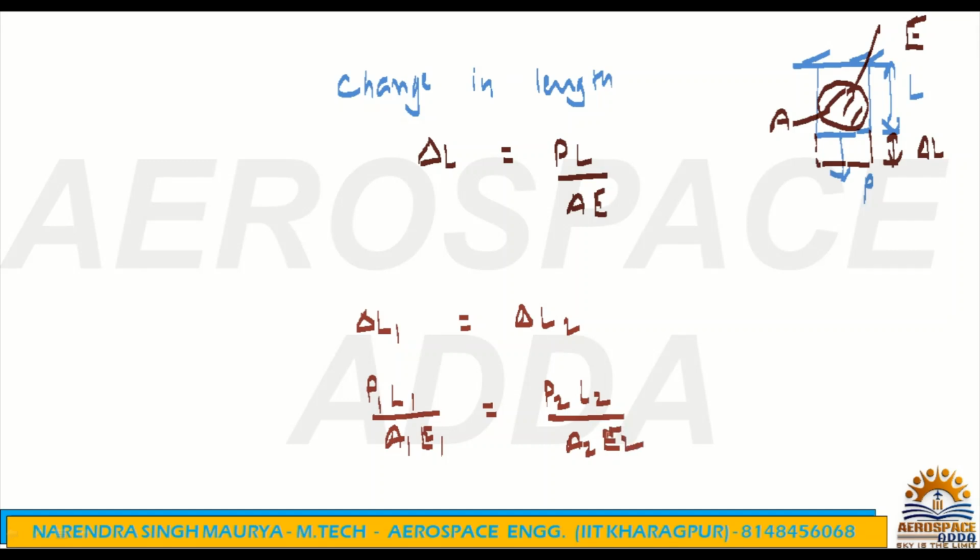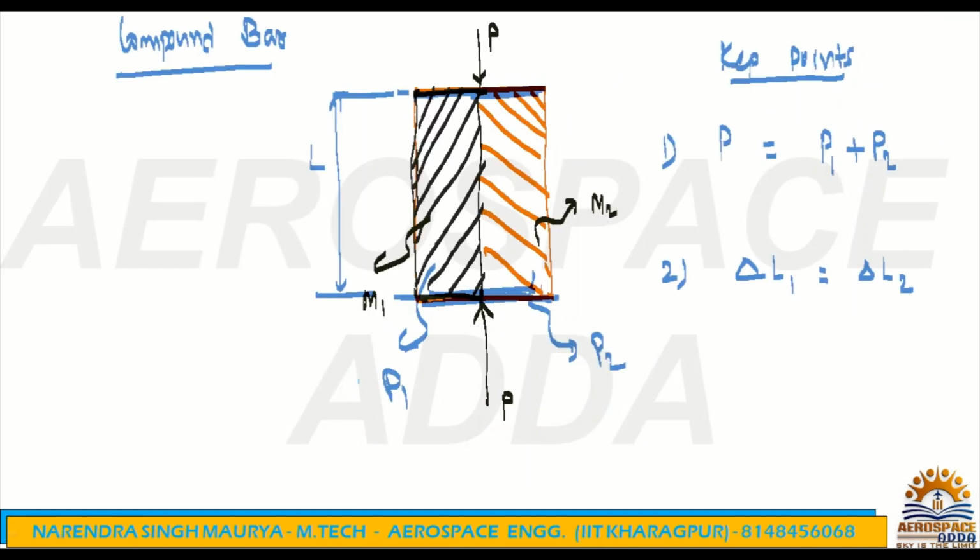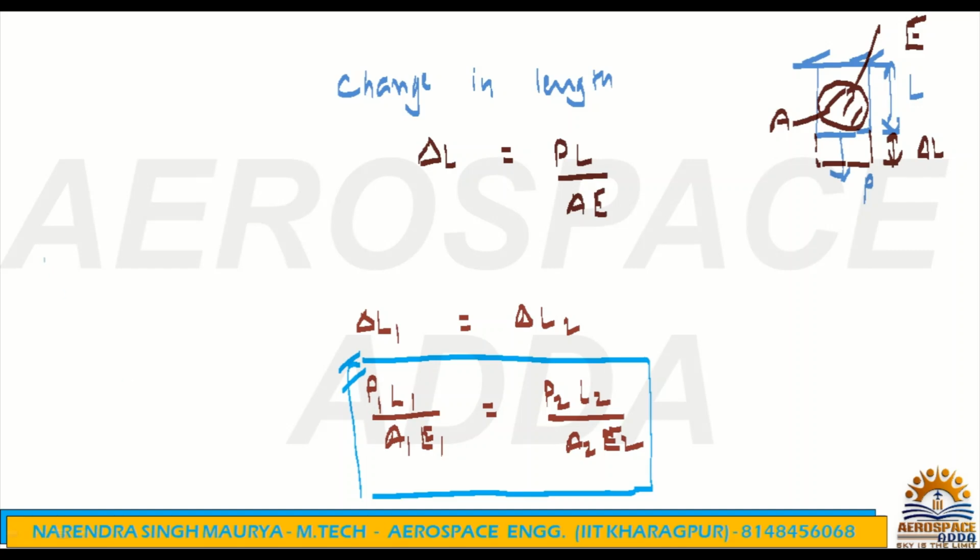This is a very special relation, and always remember it, because questions will be asked with its help. These key points came from delta L1 equals delta L2, and obviously this is for the compound bar. You need to remember that.